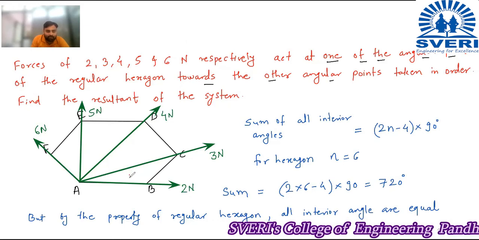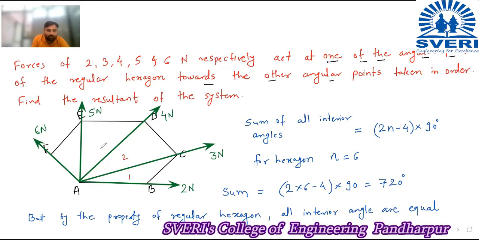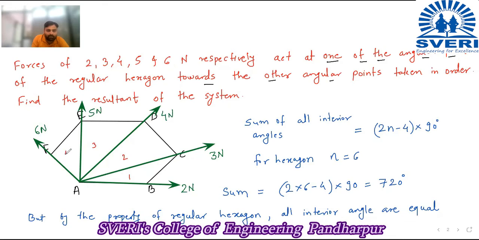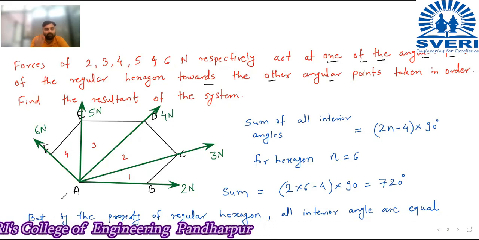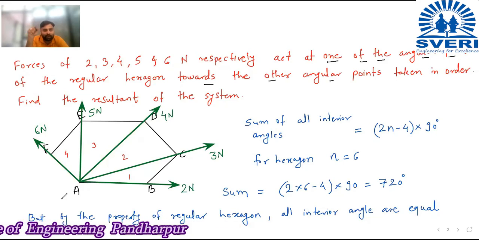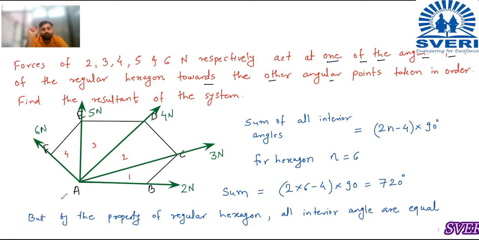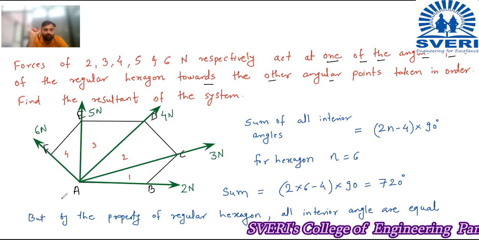This is first part, this is second part, this is third part, this is fourth part. Total angle A is 120 degree, and it is divided into 4 parts. So each part is of how much degree? 30 degree, correct.